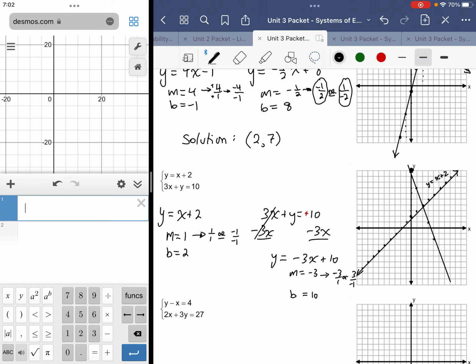Okay, that's the best I can do. Give it a label with the original equation, 3x plus y is equal to 10. Our solution would be where the two cross, which appears to be at 2, 4. All right, so 2, 4 would be our solution.